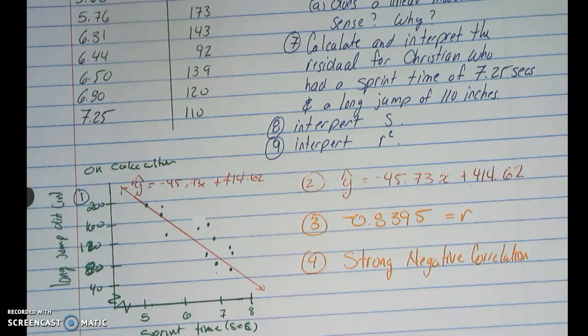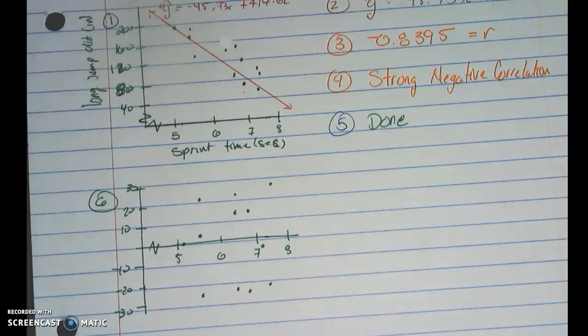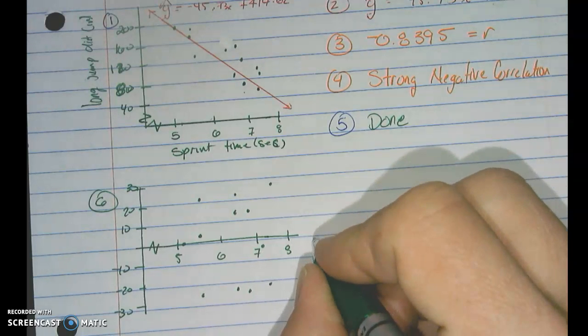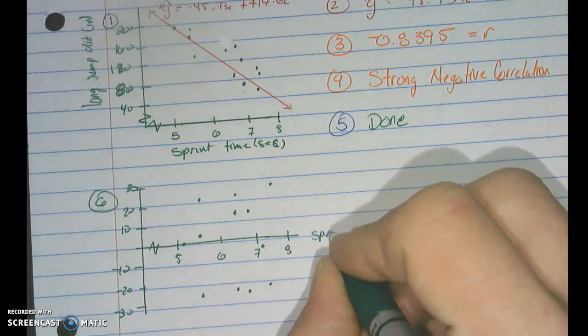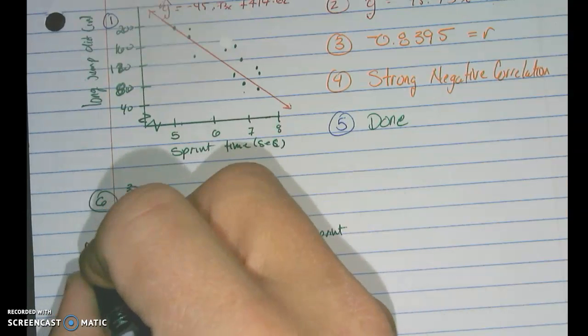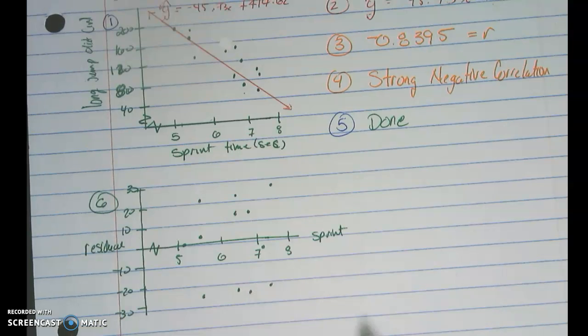Okay, so we made a residual plot. So this is going to be our X value, which was sprint time. And then right here is our residuals. If you need help graphing your residuals, please go watch yesterday's video or come in and we can work one-on-one, make sure that you can do that residual plot.